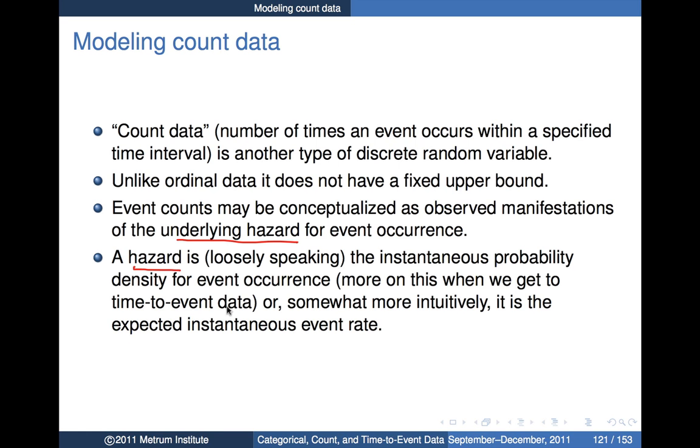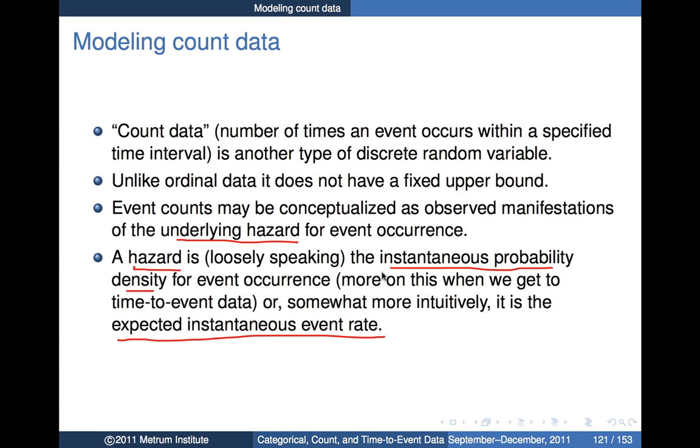But we can say that hazard is, loosely speaking, the instantaneous probability density for the occurrence of an event. Or another way of looking at it is it's the expected instantaneous event rate. Is another way of viewing what a hazard is.